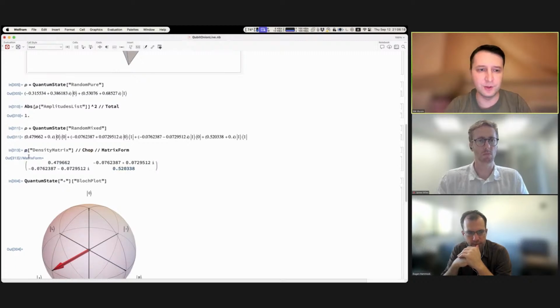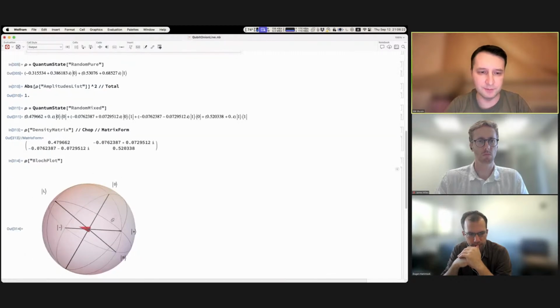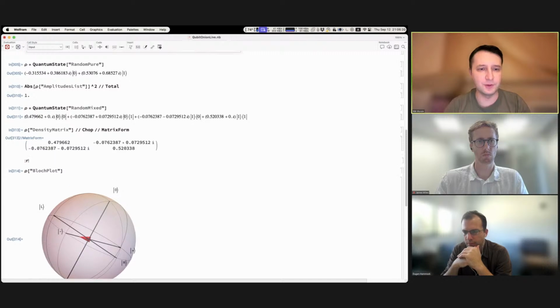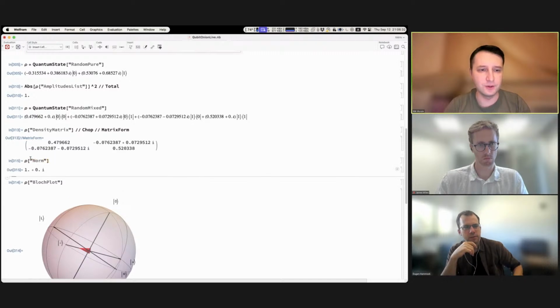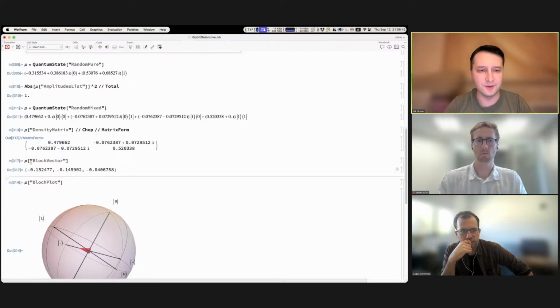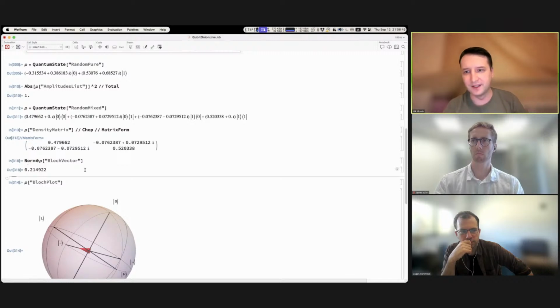If you plot this state on the Bloch plot, in this case it's a very tiny arrow. So a mixed state is not pointing to the sphere. It's not norm 1, right? If you compute the norm of the underlying Bloch vector, it's less than 1, right?